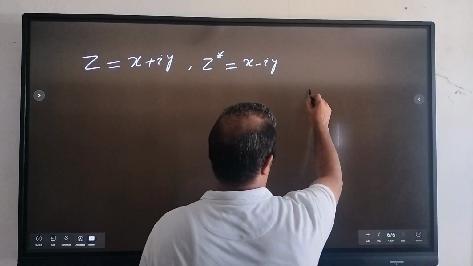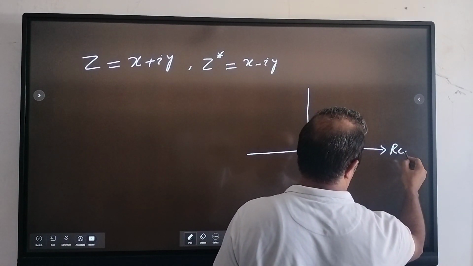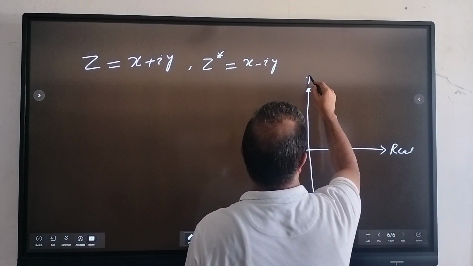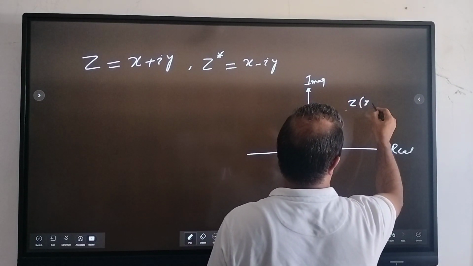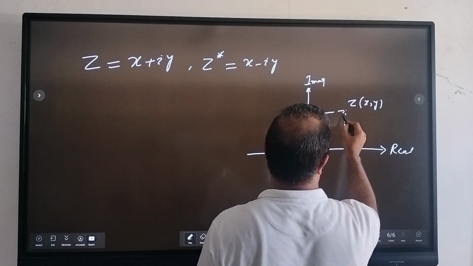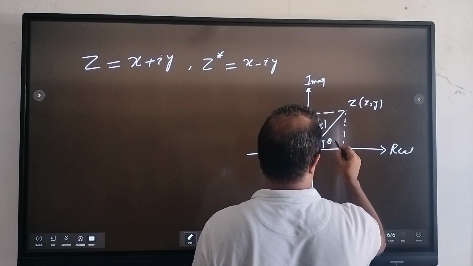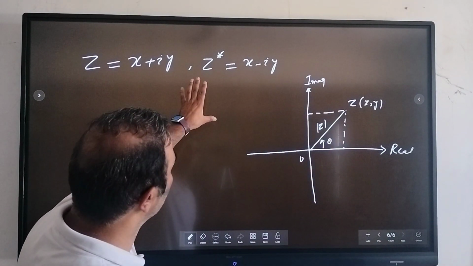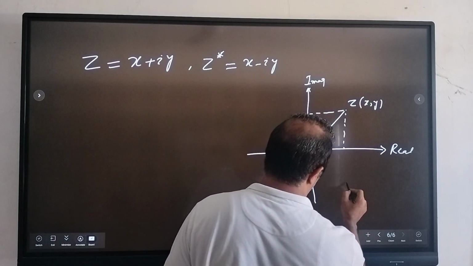So you can have this. This is our origin, this is our real axis, and this is the imaginary axis. This is our z. If you take the complex conjugate, that is x minus iota y, it will be somewhere here.